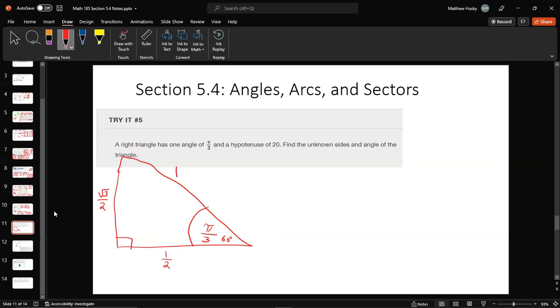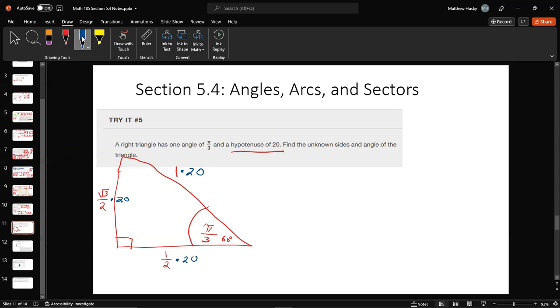Now they tell us that the hypotenuse is 20. So what that means is that to go from 1 up to 20, we need to multiply this number by 20. And if we do that, then we need to multiply this by 20 over here, and we need to multiply this by 20 over here.